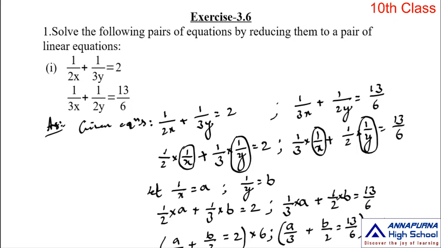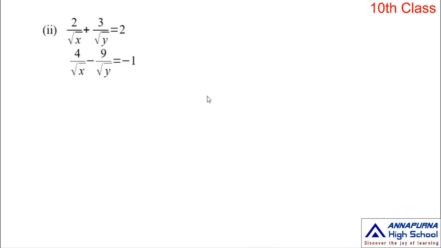Okay, this is the first question. And when you come to the second question, here the two equations are 2 by root x plus 3 by root y is equal to 2 and 4 by root x minus 9 by root y is equal to minus 1. Okay, so let's start our solution.